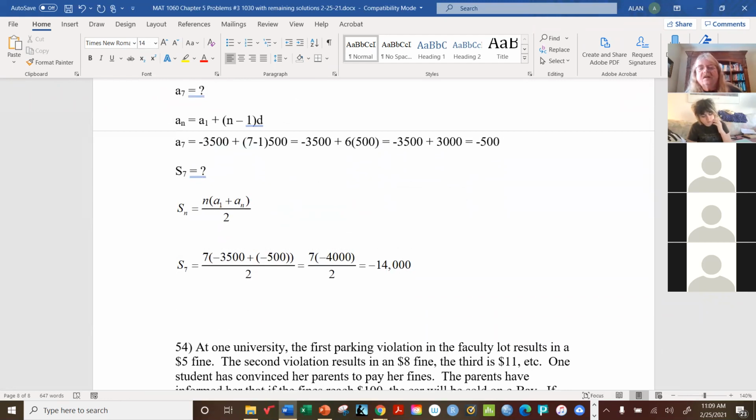Now that means we've lost $14,000 in value. Therefore, the value of the car must be 27,000 minus 14,000, 13,000. All right, that's how much it's still worth because of all that depreciation.